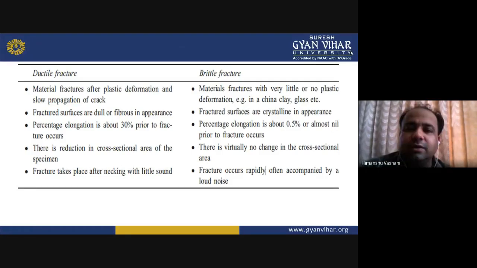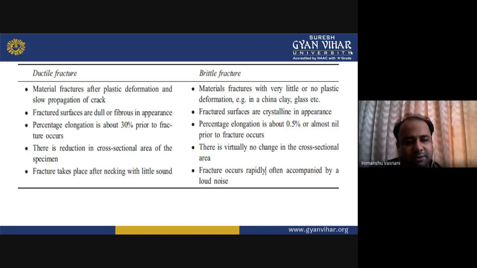In brittle fracture, the fracture surfaces are crystalline in appearance. And in ductile fracture, the workpiece will be either fibrous or dull in nature.